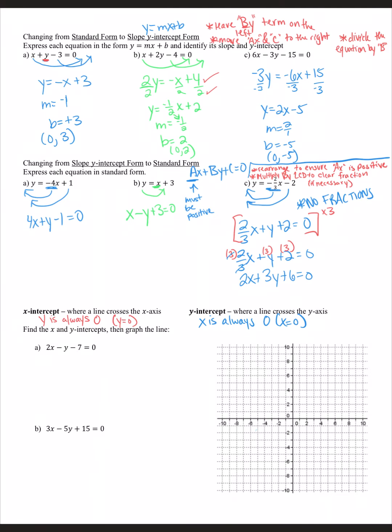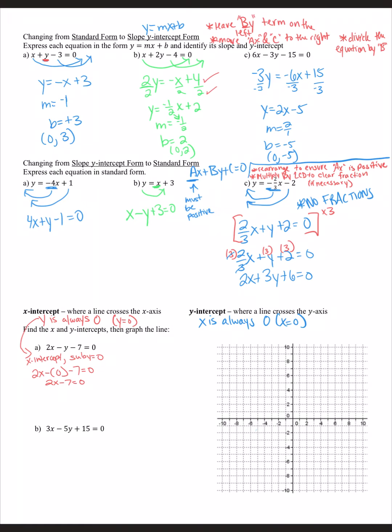So knowing what we know here, okay, our x-intercept, y is always going to equal 0. So for our x-intercept, if we know y equals 0, let's just sub that value in. I'm going to have 2x minus, I'm going to sub in a 0 for y. Okay, so that 0, we don't need it, so we'll have 2x minus 7 equals 0.